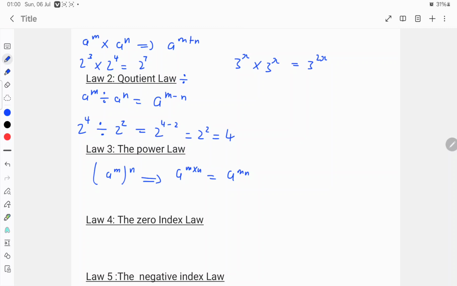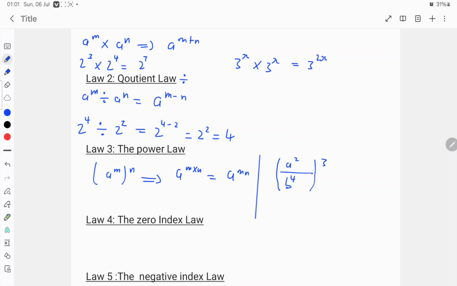We can also have something like this. Let's say we have a power 2 over b power 4, bracket power 3.